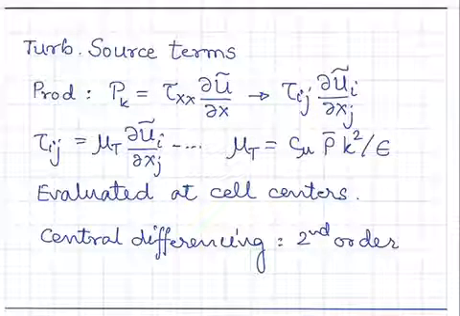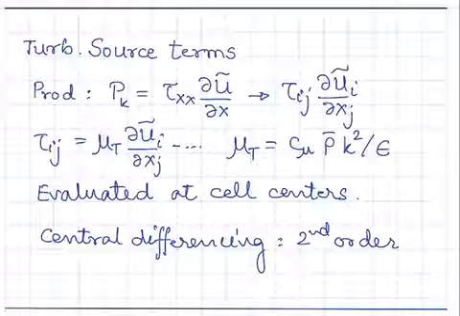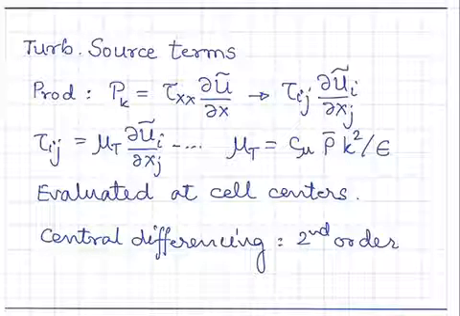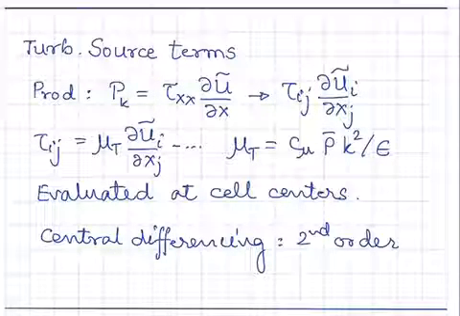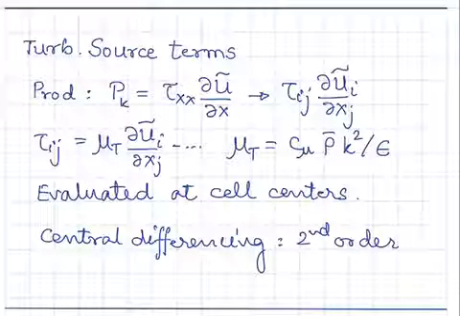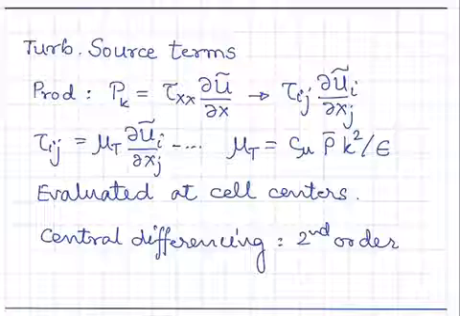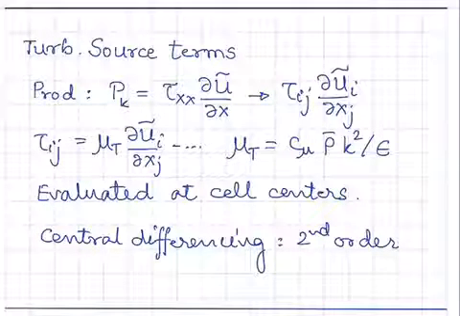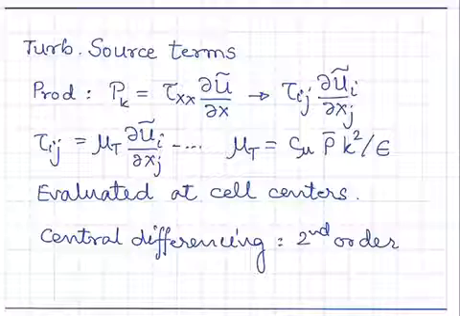So now we have covered how to handle the inviscid fluxes, viscous fluxes, and source terms, which complete the whole set of equations that we need to compute for simulating turbulent flows in compressible gases.